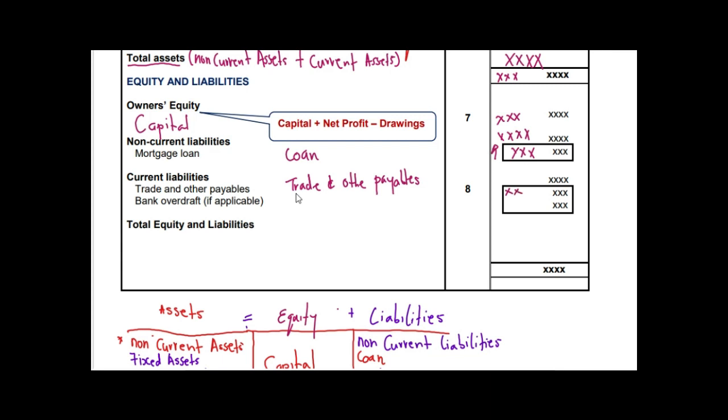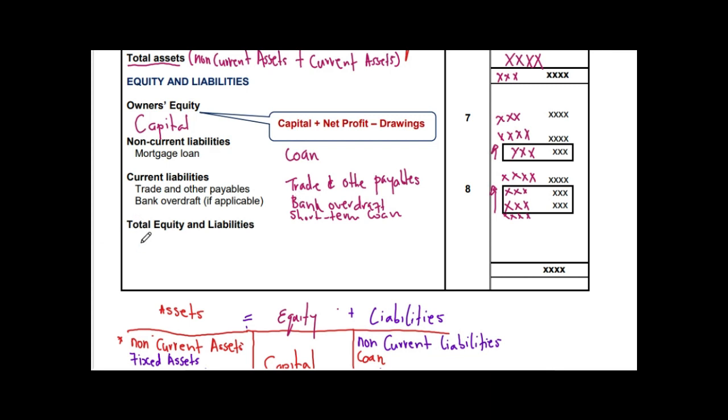We'll record our amount here, and then have our bank overdraft if it's given, and we are going to record it there. And also we are going to have our short term loan, our repayment of loan. And all these three will be added so that we have our current liabilities.